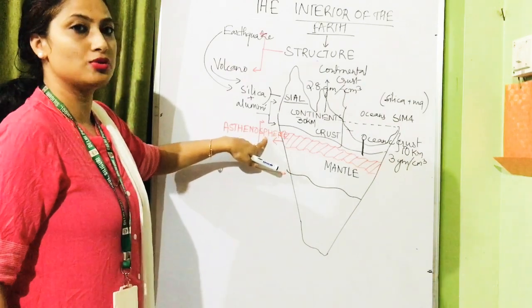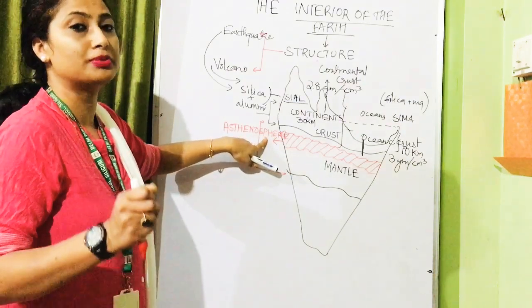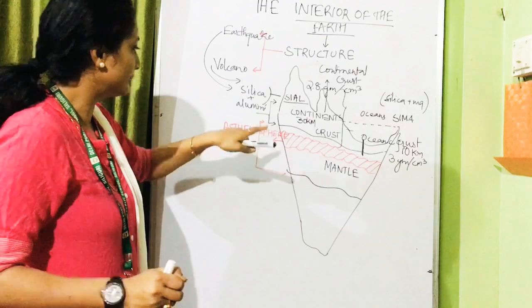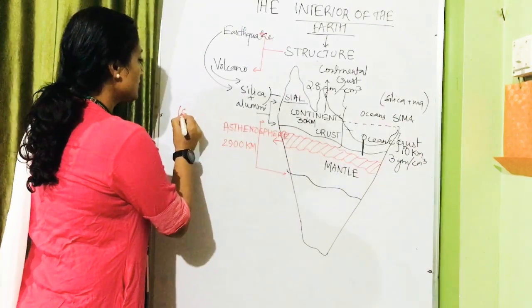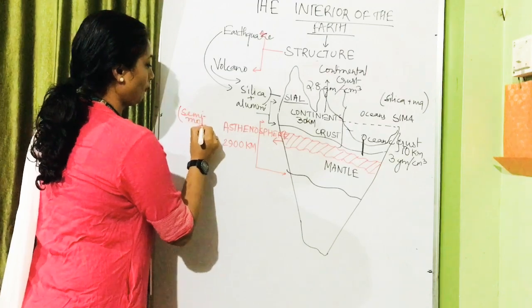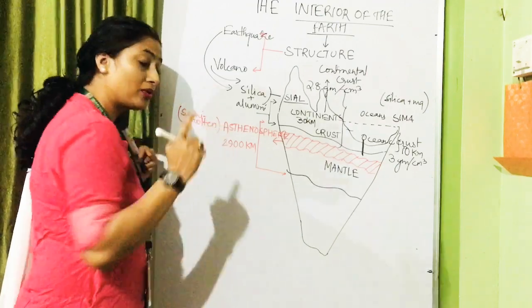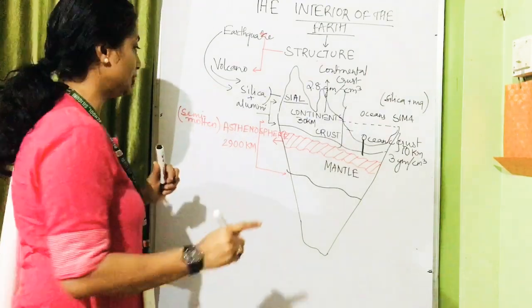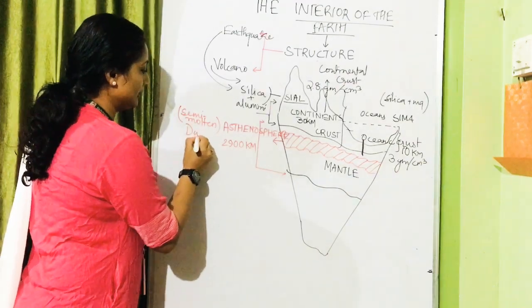This layer of asthenosphere is basically not a brittle or a solid layer, rather it is in a semi-molten stage. Because it is in a semi-molten stage, it is ductile in nature.